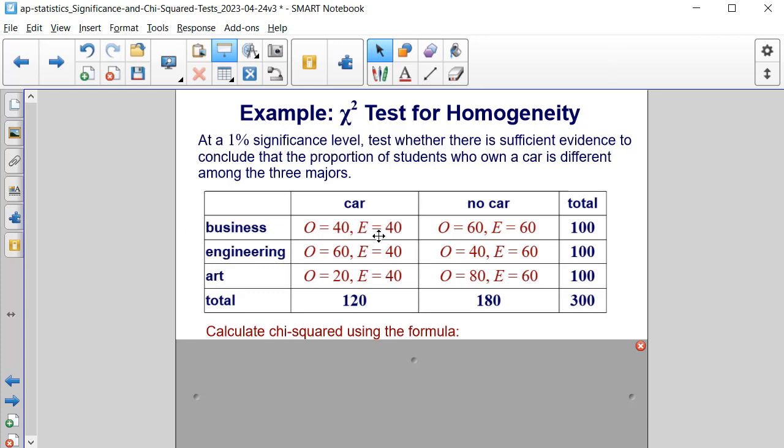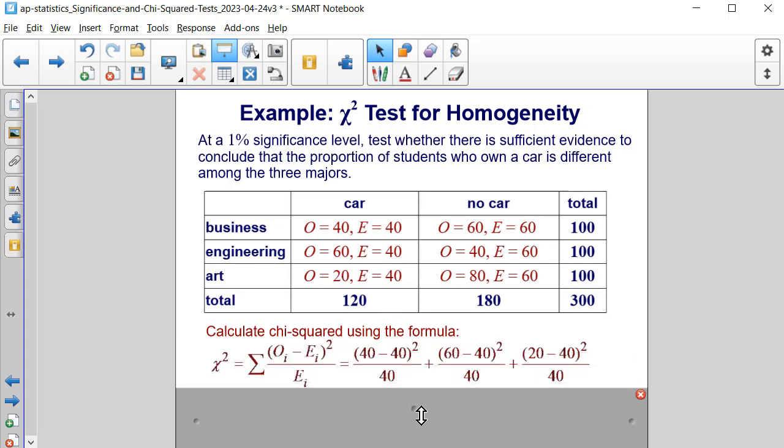So now let's work on calculating our chi-squared using the formula. So for business with a car, we will have 40 minus 40 squared divided by 40. We will have 60 minus 40 squared over 40. And then we'll have 20 minus 40 squared over 40 for our first set of terms that we are adding up for the summation.